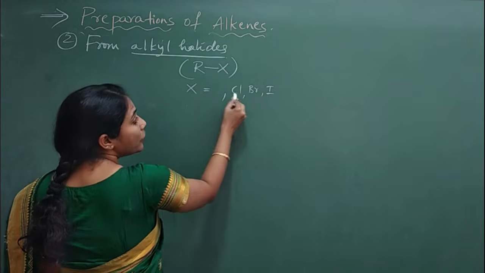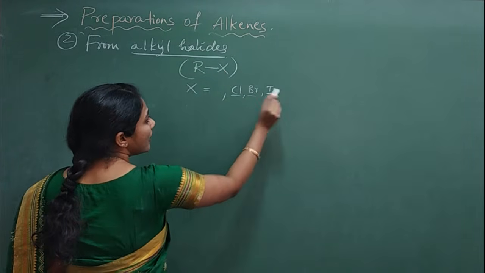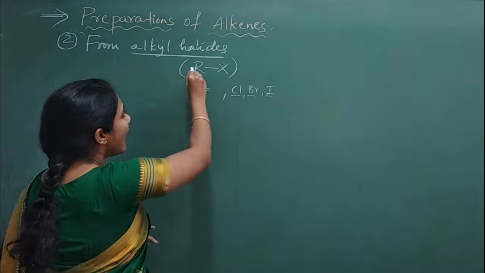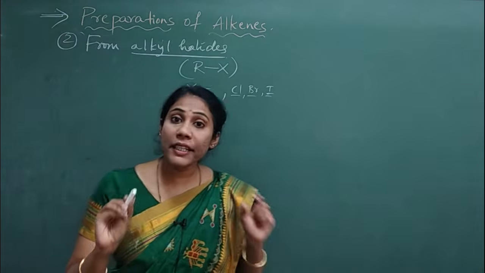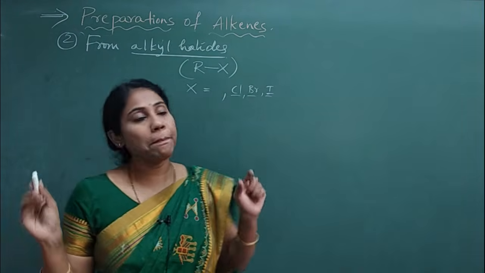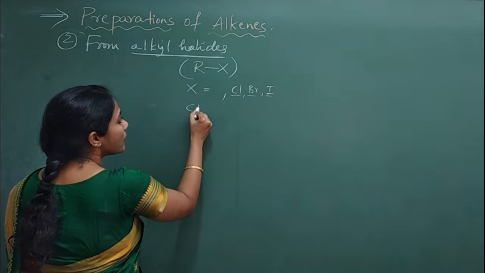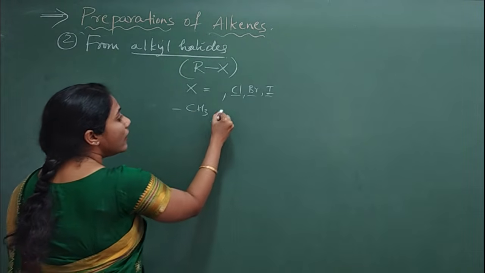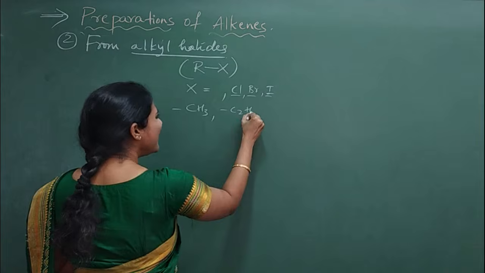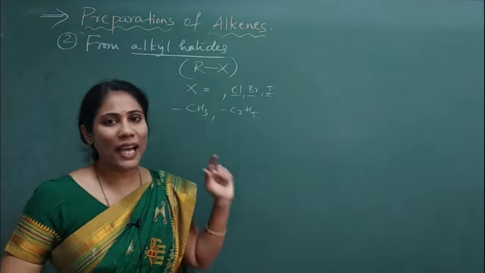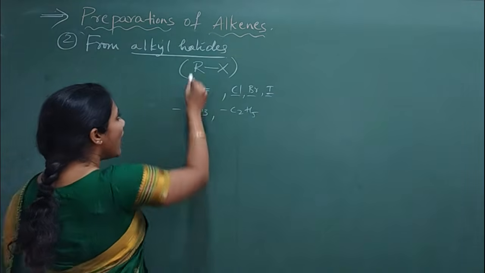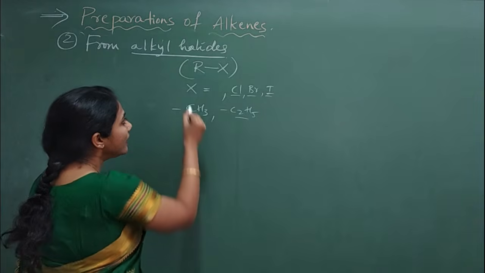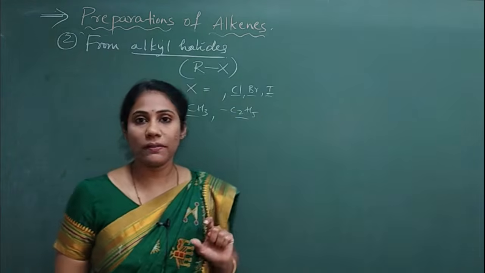Most of the time you can consider Cl, Br and I here. R can be any organic part: it can be a simple CH3, or a C2H5 group, or any complicated or branched group.